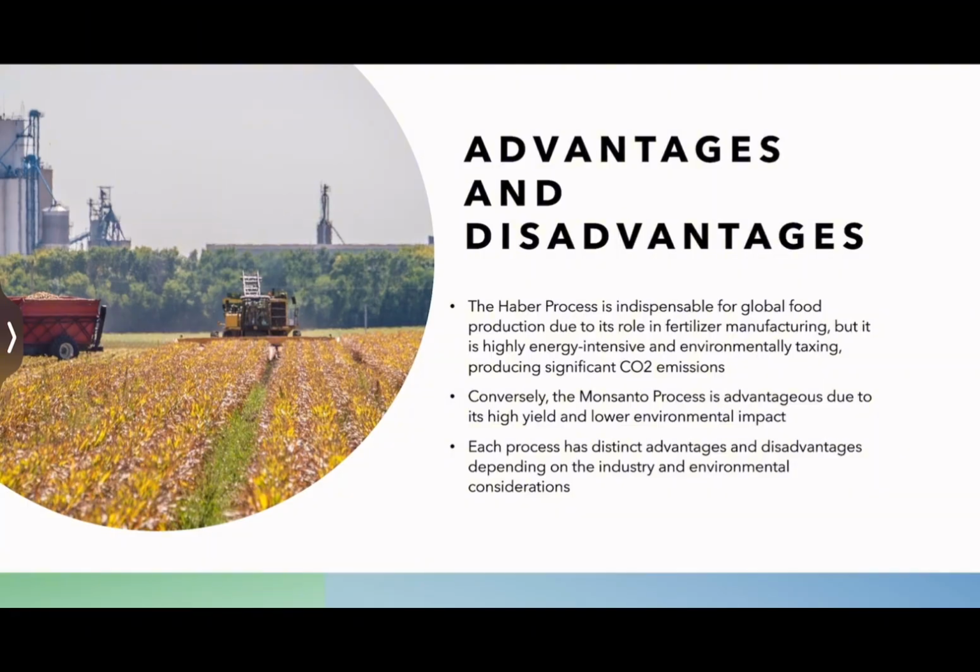On the other hand, the Monsanto process is advantageous due to its high yield and lower environmental impact. Both processes have distinct advantages and disadvantages, and depending on the industry and what product you need, both are equally important despite the environmental considerations.